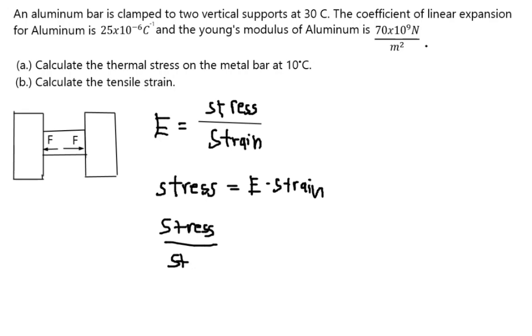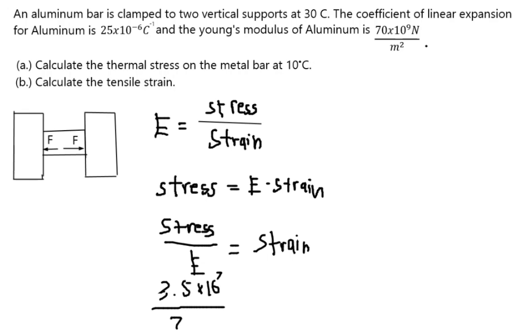Let's solve for the strain. So, stress divided by Young's modulus is equal to strain. So, this is just manipulating equations. Basic algebra, right? So, our stress earlier was 3.5 times 10 raised to the 7. So, let's just make it positive so we get a positive value.